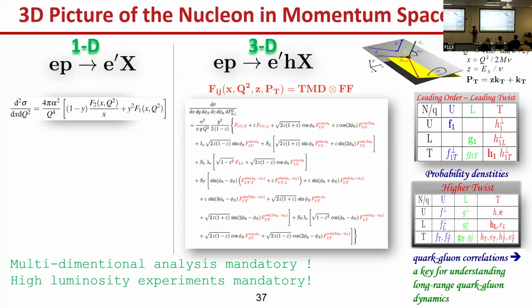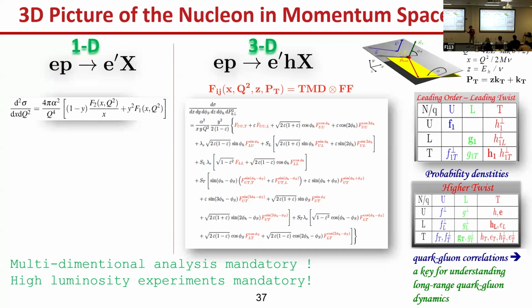I have a leading order structure function, and these depend on what. So the cross-section is the elementary cross-section, factorization again, the elementary cross-section in front, times the structure function.